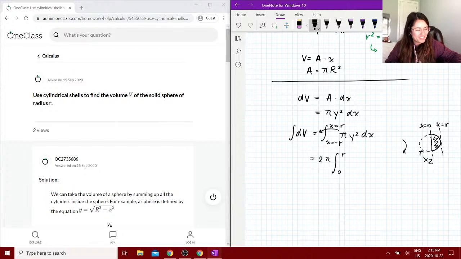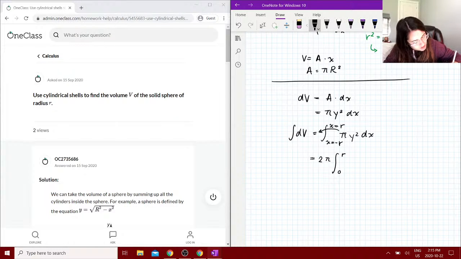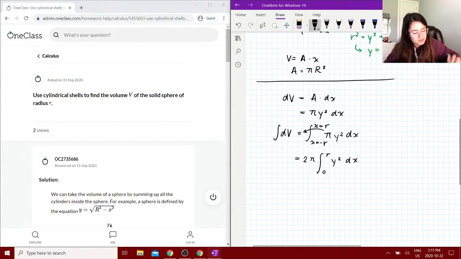So hopefully that makes sense. And then what we have inside that we can now evaluate is the y squared dx. And also the integral of dV is just V.